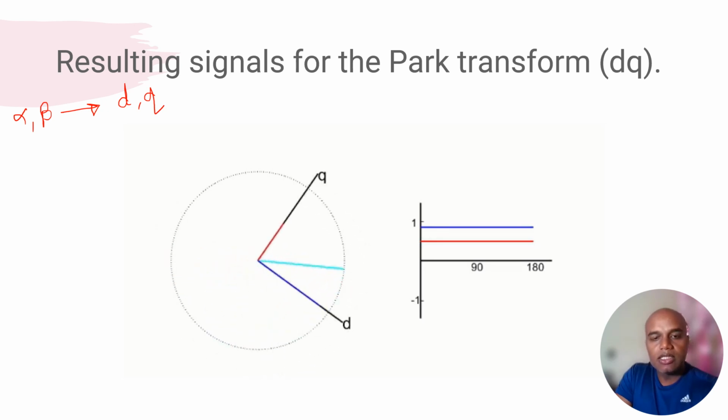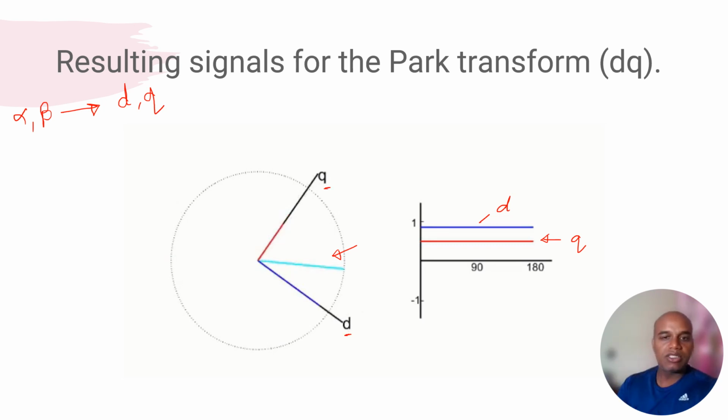The blue line shown here is nothing but the D axis, and the red is my Q axis, where again the sky blue line shown here is my arbitrary vector. So along with the arbitrary vector, now my Q and D both are rotating.